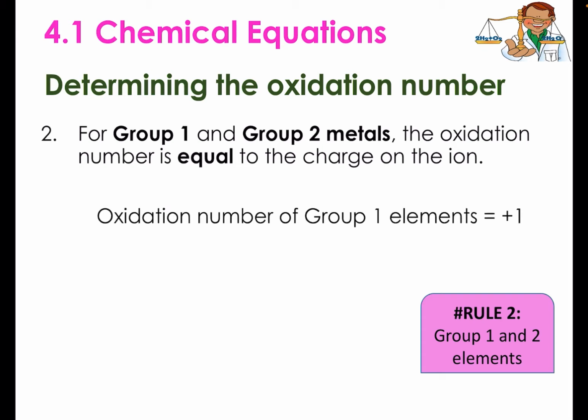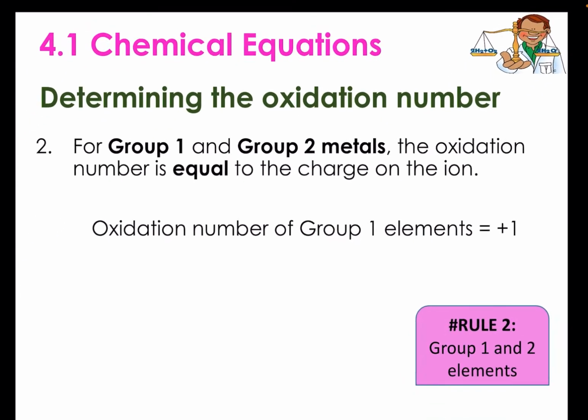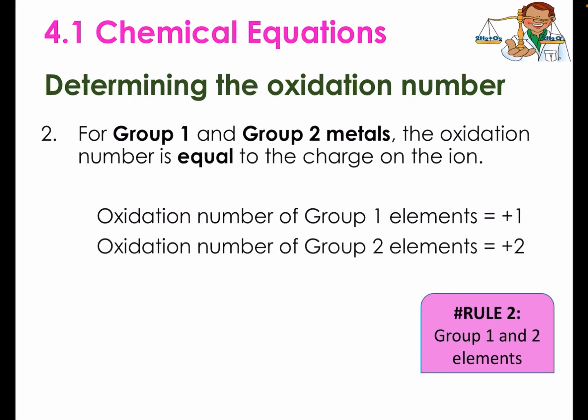For group 1 elements, it will always be positive 1. And for group 2 elements, it will always be positive 2. So this is the value that you have to memorize: positive 1 for group 1, positive 2 for group 2 elements. So I'll give you a few examples.